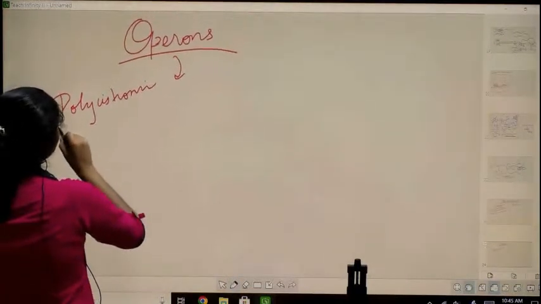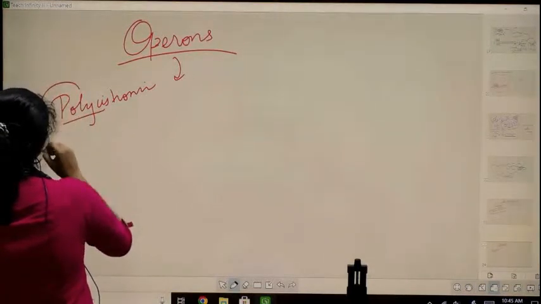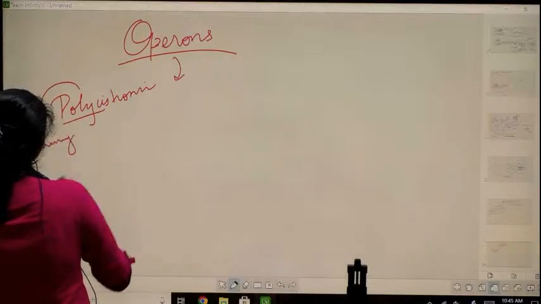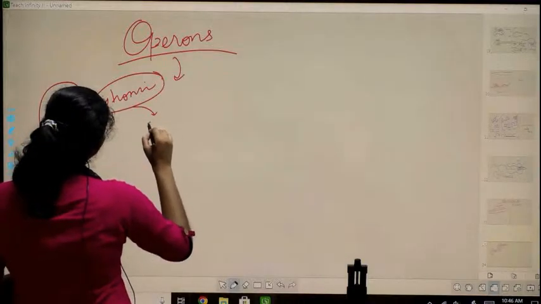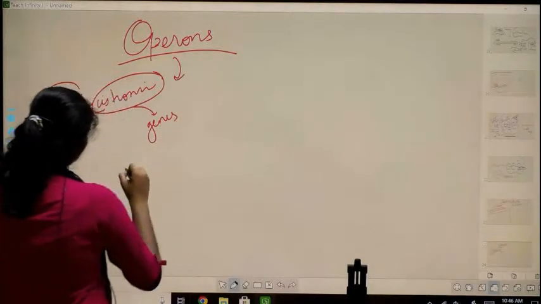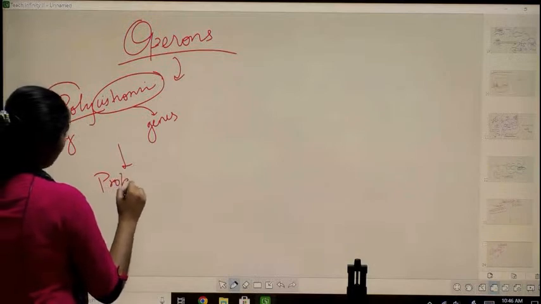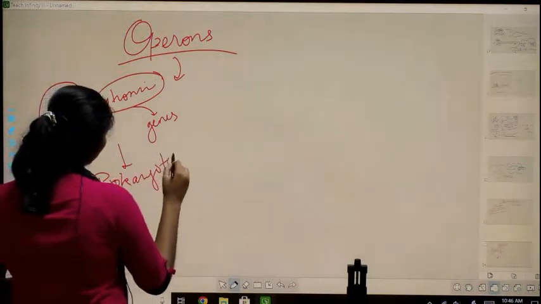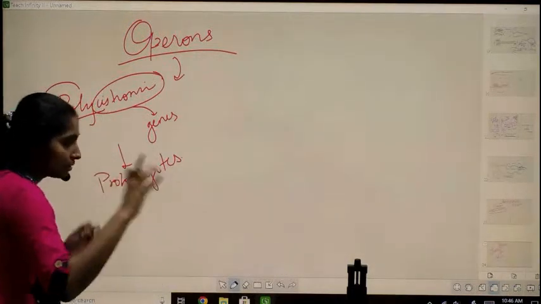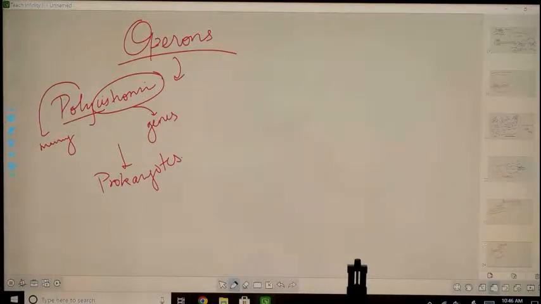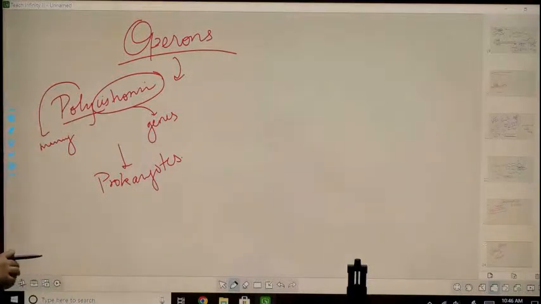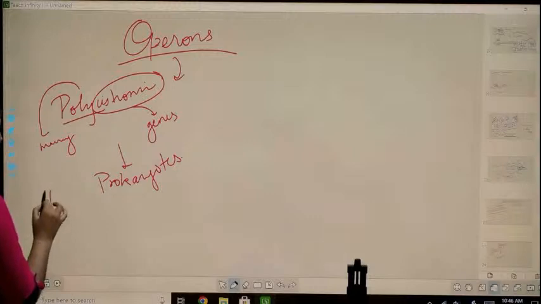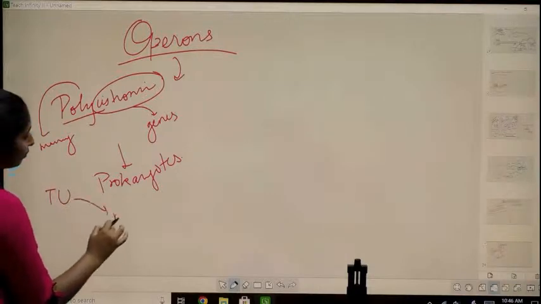Poly means many, right? And cistron simply refers to genes. Prokaryotes are polycistronic means on transcription of a particular unit, they are able to transcribe multiple genes. As a result, just by the transcription of a particular unit, they get multiple proteins, right?